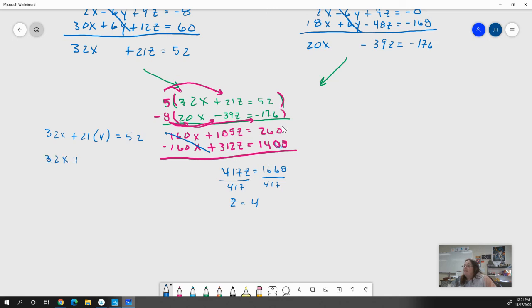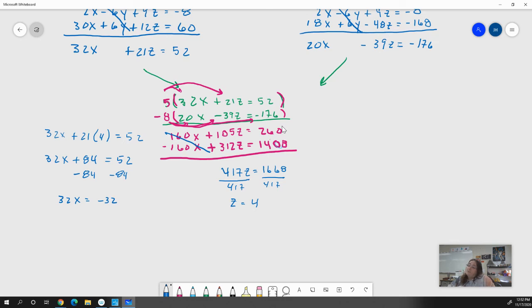32x plus 84, right? 21 times 4 is 84. Equals 52. And now we just undo everything that's being done to x. So I'm going to start by subtracting the 84, and I will conveniently get 32x equals negative 32.